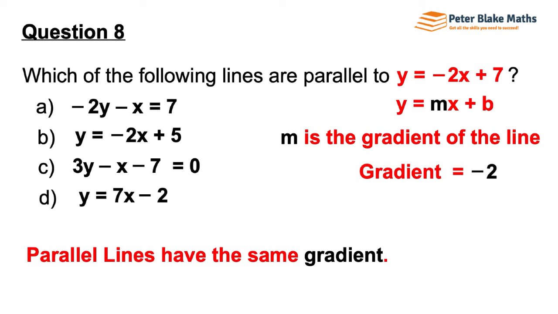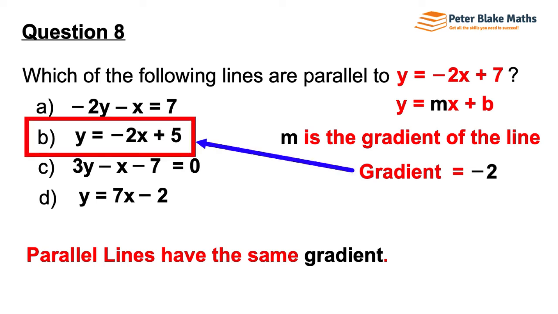This linear expression was in the y equals mx plus b format, for just reading off the gradient, which is the value in front of the x. In this case it was minus 2. So we want a line that's got a gradient of minus 2 as well. We can spot that option B has a gradient of minus 2 as well. So y equals minus 2x plus 5 is parallel to our original line.